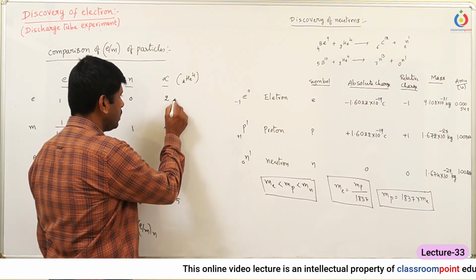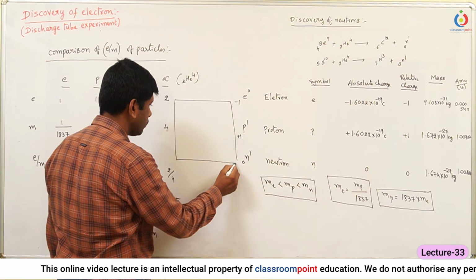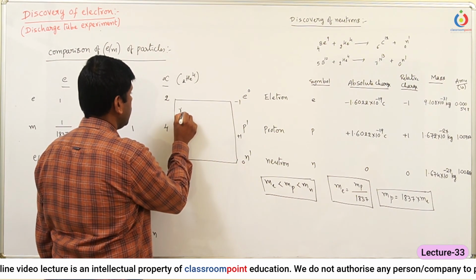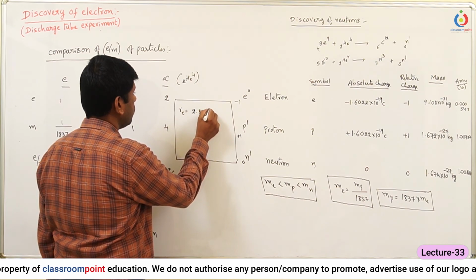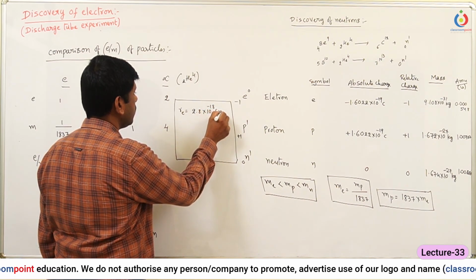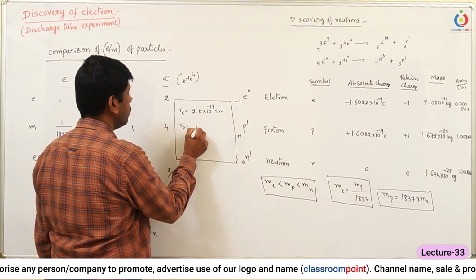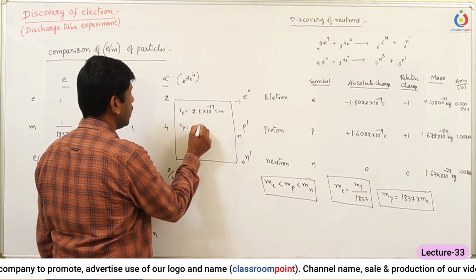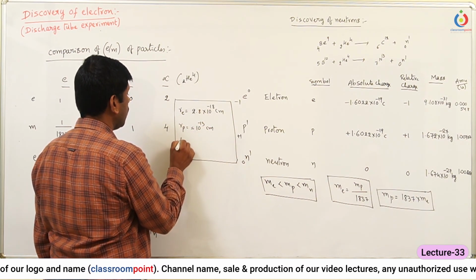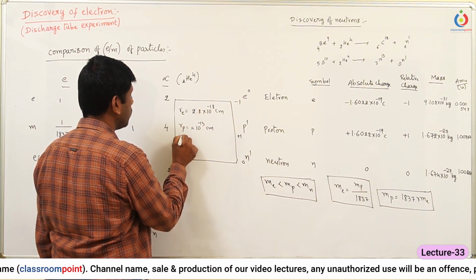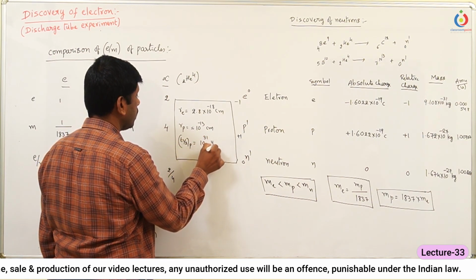The other information that we can gather from these calculations is that the radius of the electron is equal to 2.8 into 10 power minus 18 centimeters, and the radius of the proton is approximately 10 power minus 13 centimeters, and the half-life period of the proton is 10 power 31 years.